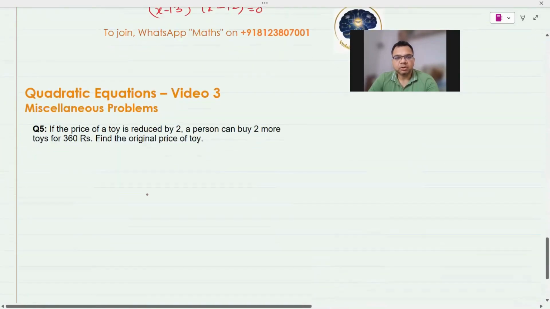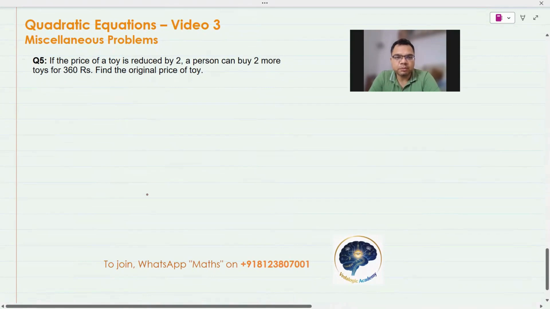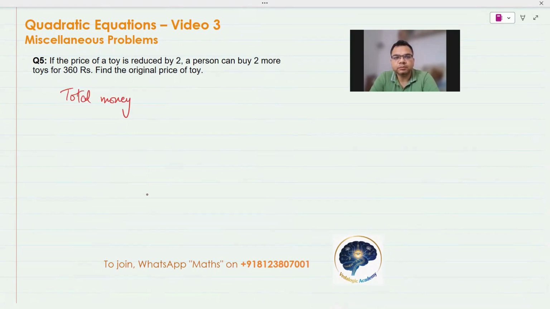Okay. So coming to the last question now. If the price of a toy is reduced by 2, a person can buy 2 more toys for rupees 360. So the total money that person has is 360 rupees, right? This is what we have in the question.